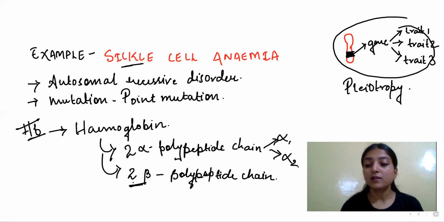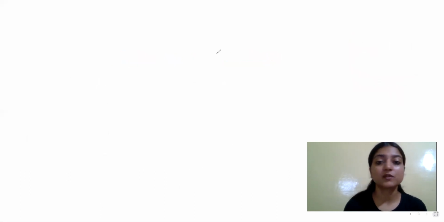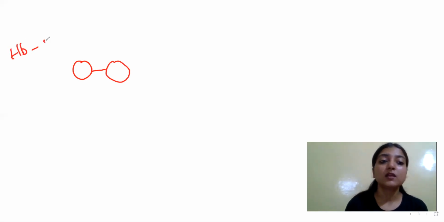We will be discussing here the sequence in the hemoglobin. In one of the beta polypeptide chains, point mutation is shown.